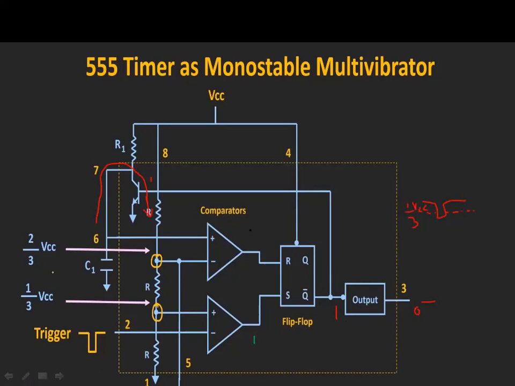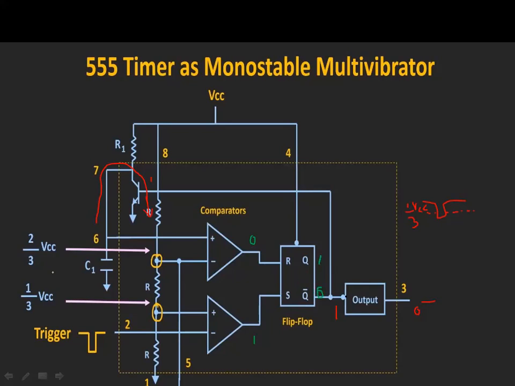And the output of the other comparator is initially 0, because the voltage across this capacitor is 0 and the negative input is having the highest voltage, so the negative is dominating, and the output is 0. And when S is 1, what happens? Q will be 1 and Q bar will be 0.